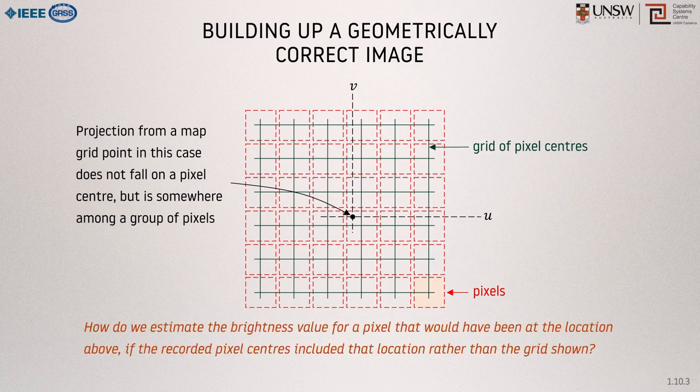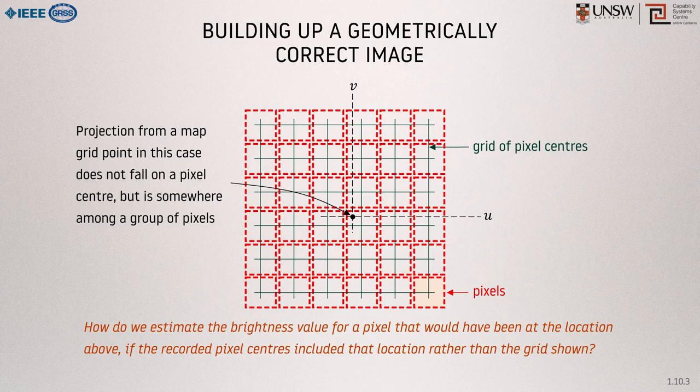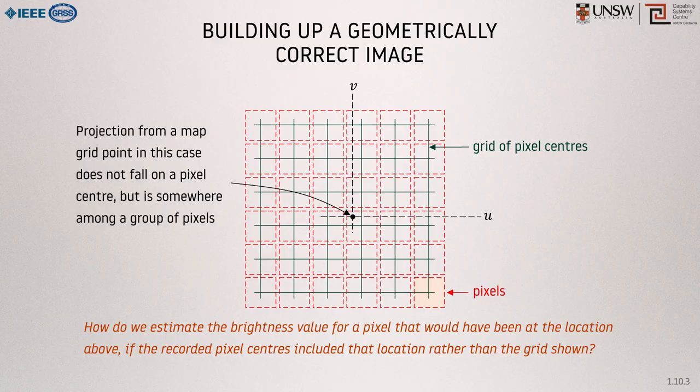What we have to do is to estimate what the brightness of the original scene would have been at that position. Effectively, that means carrying out an interpolation over the neighbouring measured pixels. Note here we have indicated the pixels explicitly by dashed lines centred on each of the grid intersections.